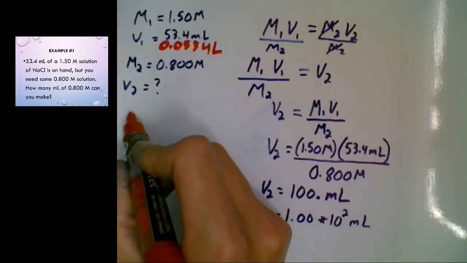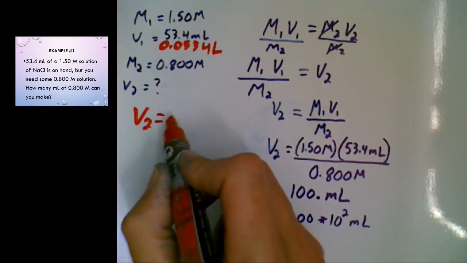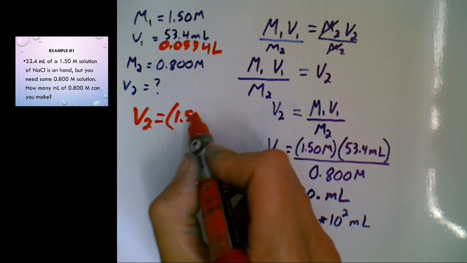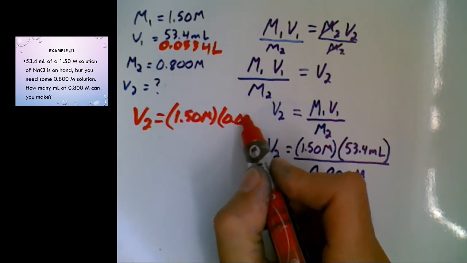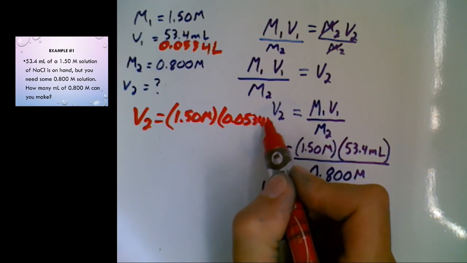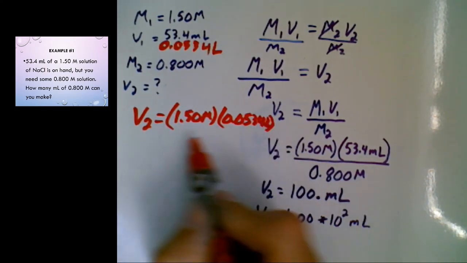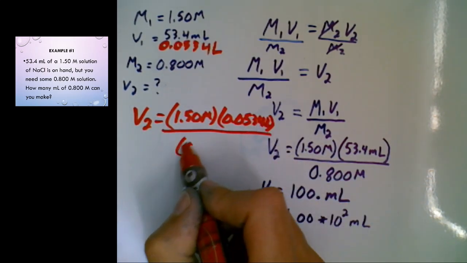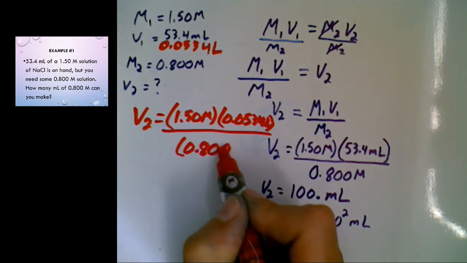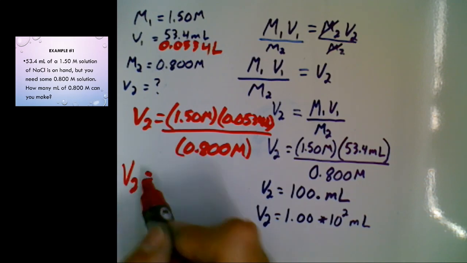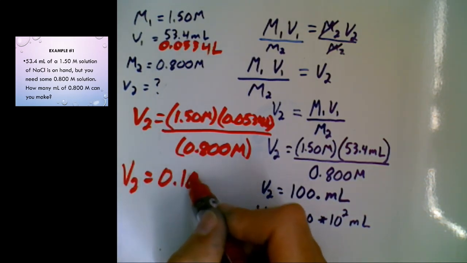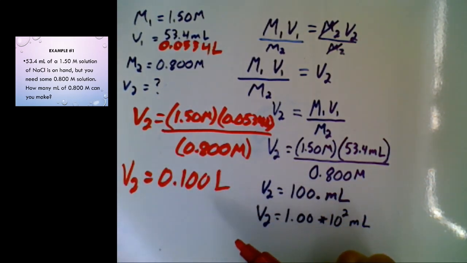So if I were to redo my equation over on the side here and go 1.50 molarity multiplied by 0.0534 liters, it's a liter by the way, divided by 0.800 molarity, what I would find is that my answer is 0.100 liters.